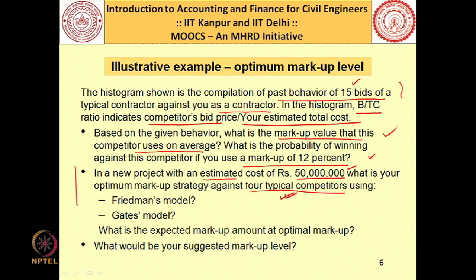Typical competitors are showing a histogram like this of their bidding behavior. So, we are going to do this both using Friedman's model and Gates model, and we are also told the expected markup amount at the optimal markup and what would be your suggested markup level. As you know, the trend is you calculate the markup using Friedman's model and Gates model, and then you take the average to get the percentage.